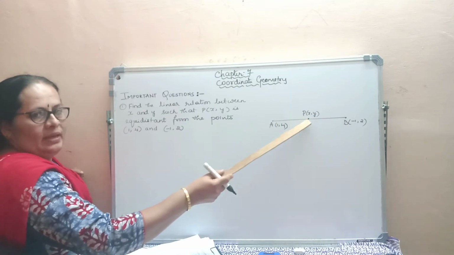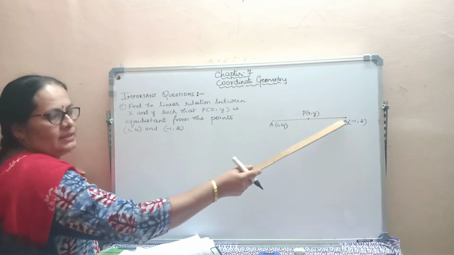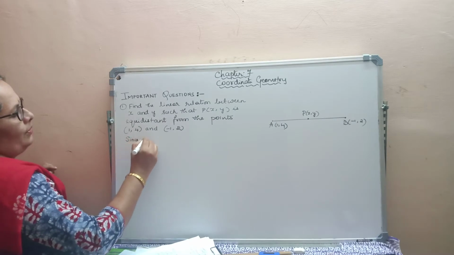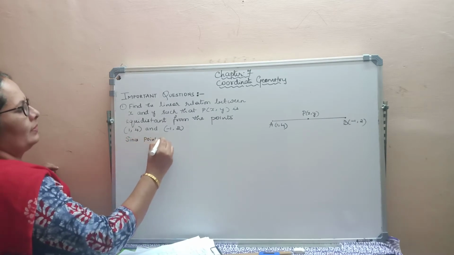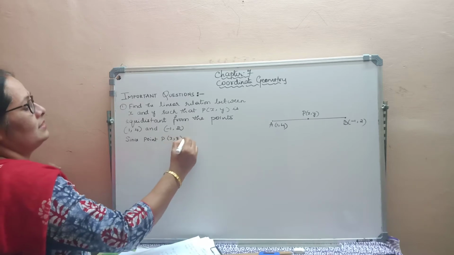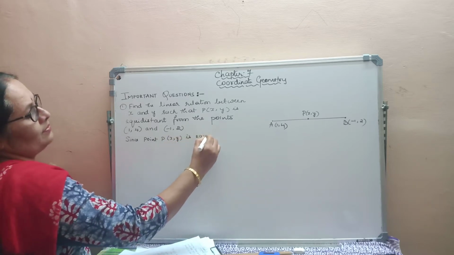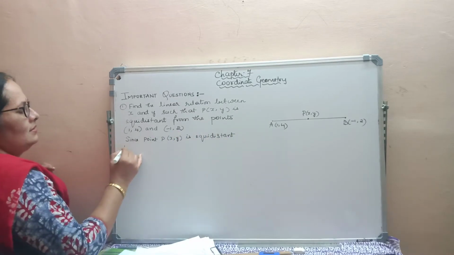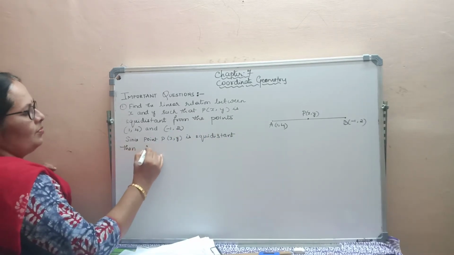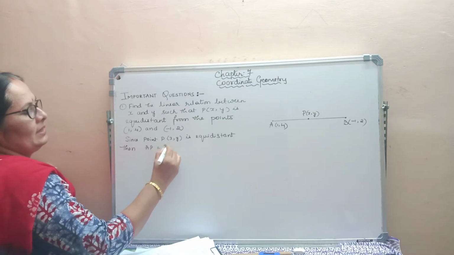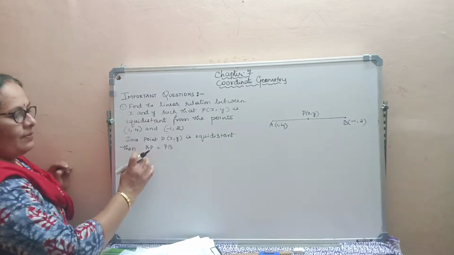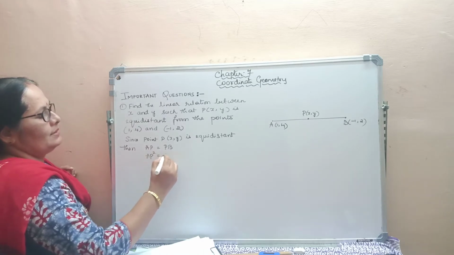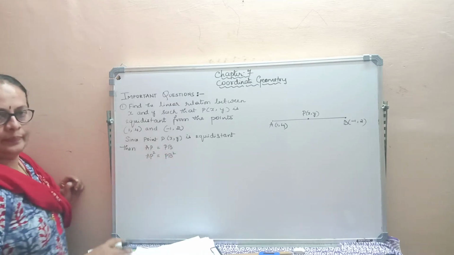So since point P is equidistant, then AP equals PB. Squaring on both the sides, you will get AP square equals PB square.